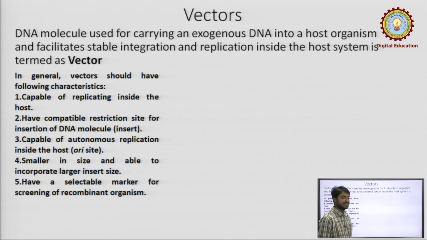Next, it should have a restriction site. Restriction sites mean we have to cut our vector and the DNA with the same restriction enzyme. The gene of interest we want to replicate, we have to insert into a restriction site available in the vector.